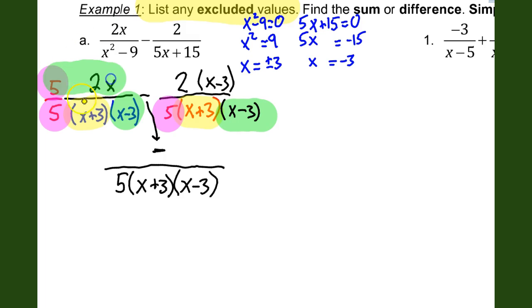So this times this will be right here. And this times this will be right here. Just joining them together. So 5 times 2x is 10x. And then 2 times x is 2x. And 2 times negative 3 is negative 6.